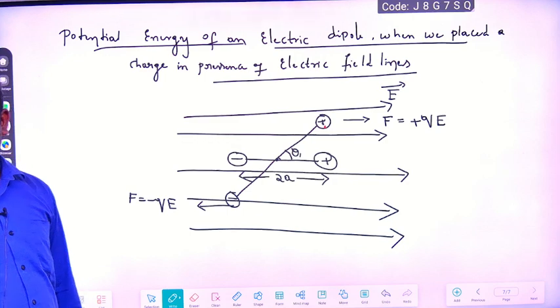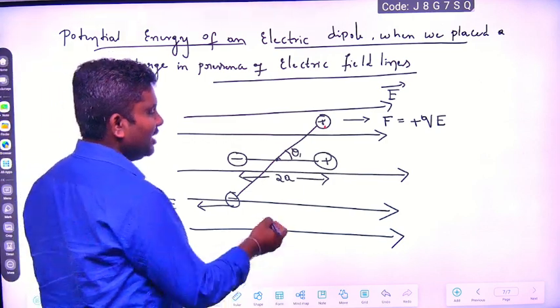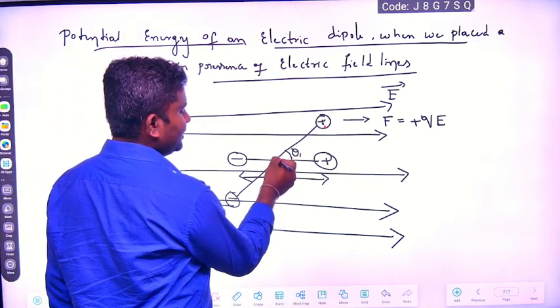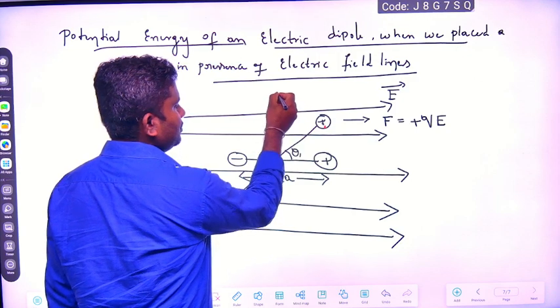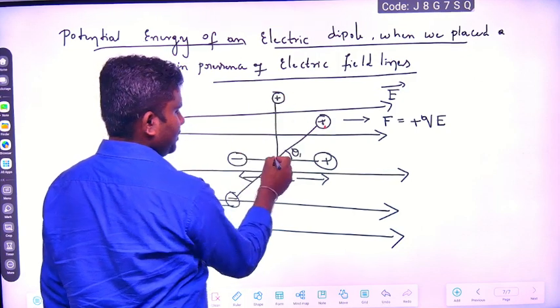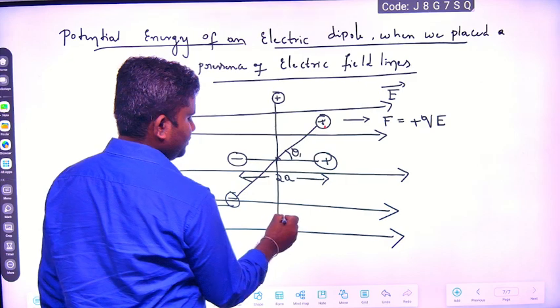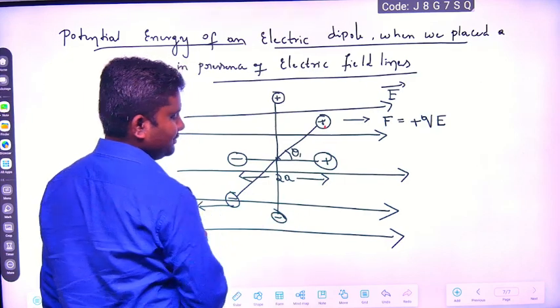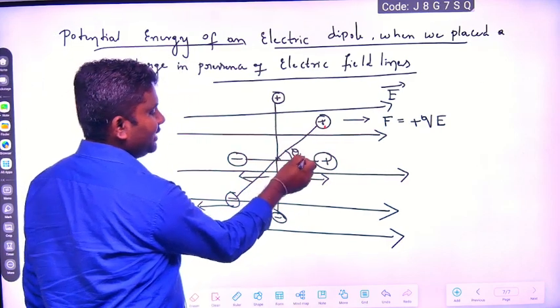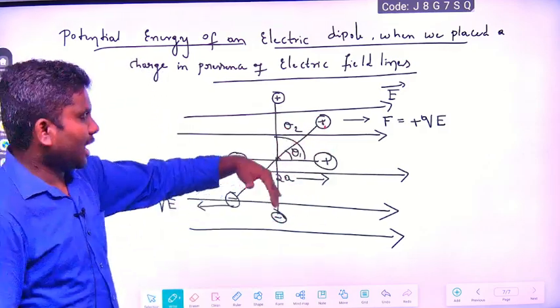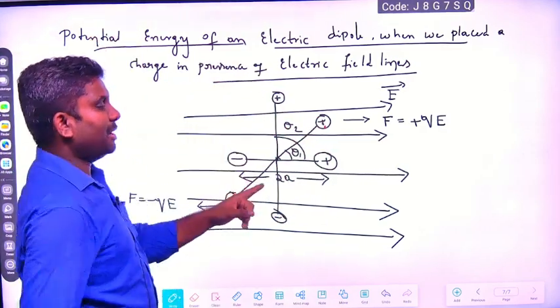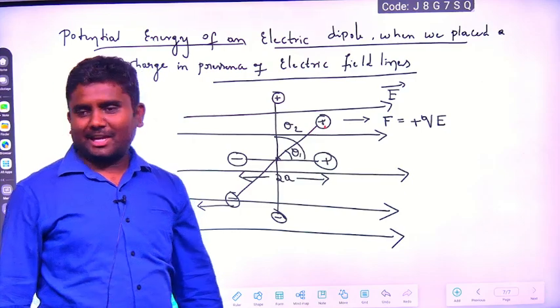Understood? Now, for example, I will tilt this till here, plus Q, and this is the negative charge, minus Q. I will tilt this angle till theta 2. This is theta 2. I tilted it completely 90 degrees, perpendicular to the electric field.